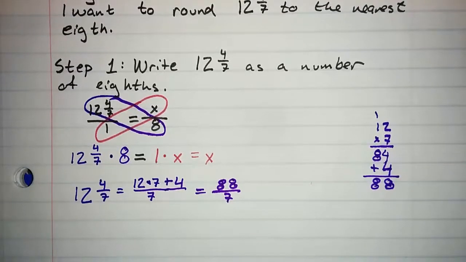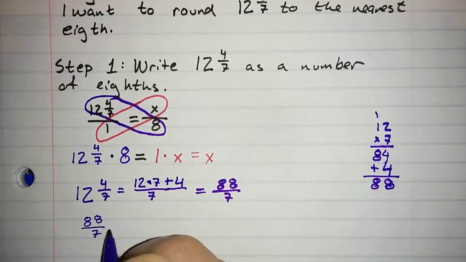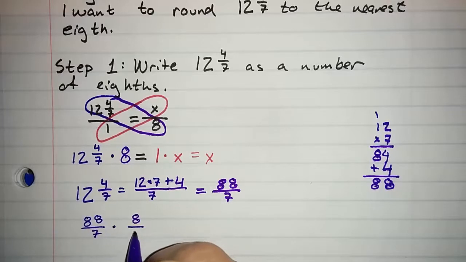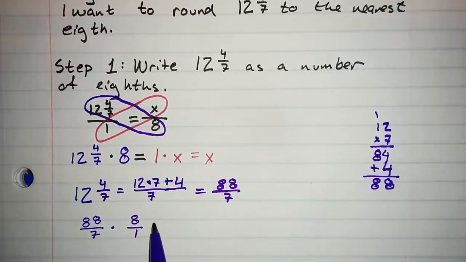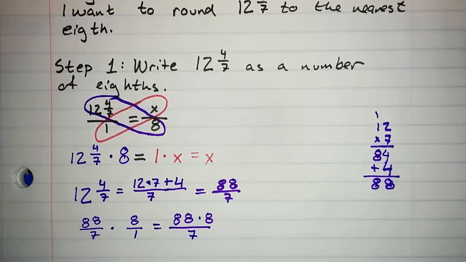So I have 88 sevenths times 8 wholes. 88 times 8 over 7. 7 is not a factor of either one of these, so there's really no way we can simplify.